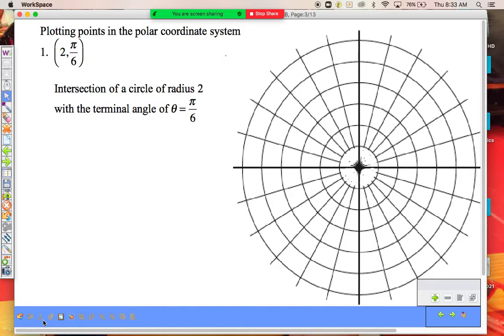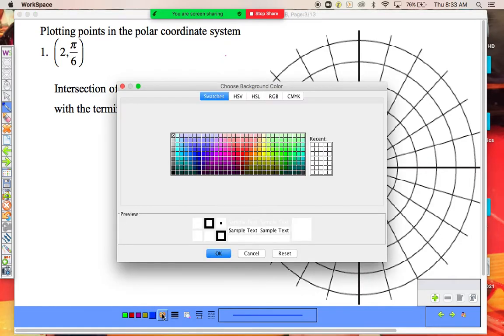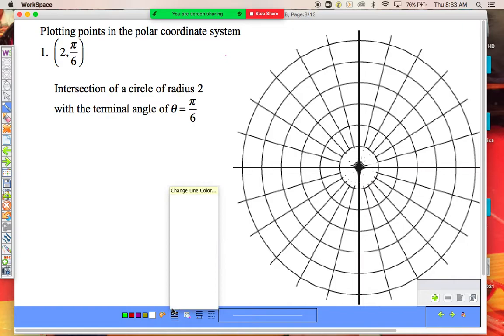All right, my graph paper does not look like yours at home. If you printed your own at home, it does not have these lines.